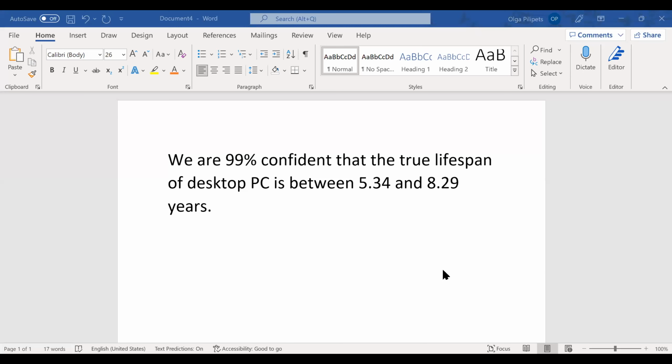So here we are: we are 99% confident that the true lifespan of all desktop PCs is between 5.34 and 8.29 years. That's how we interpret our confidence interval.